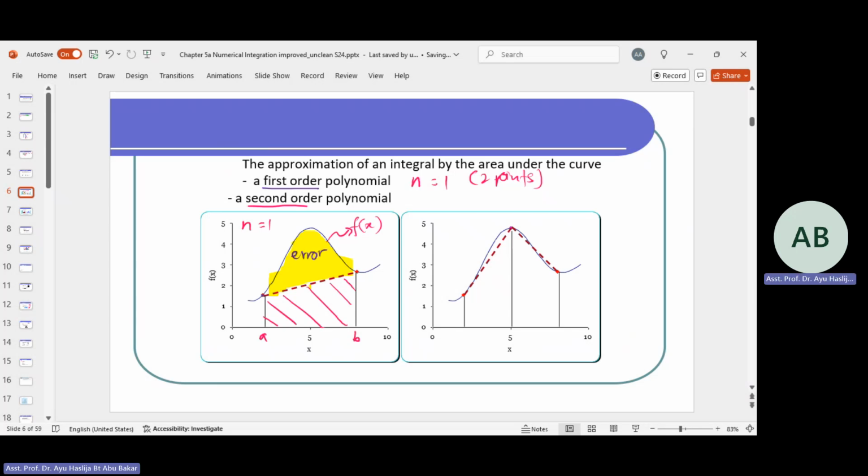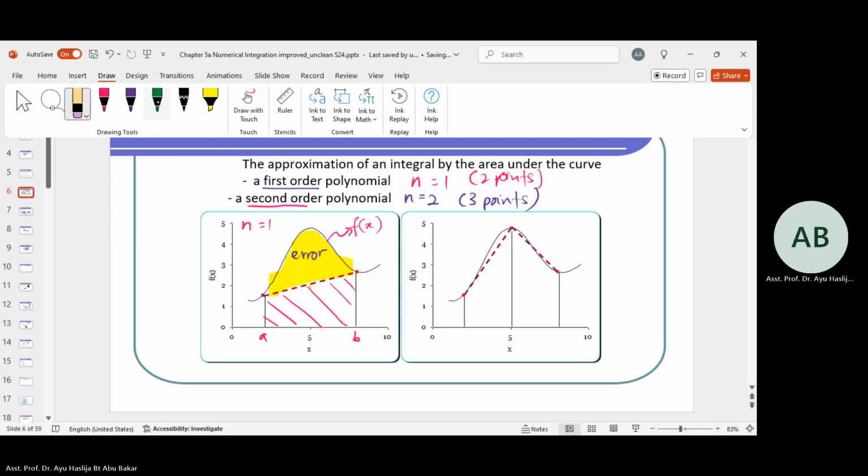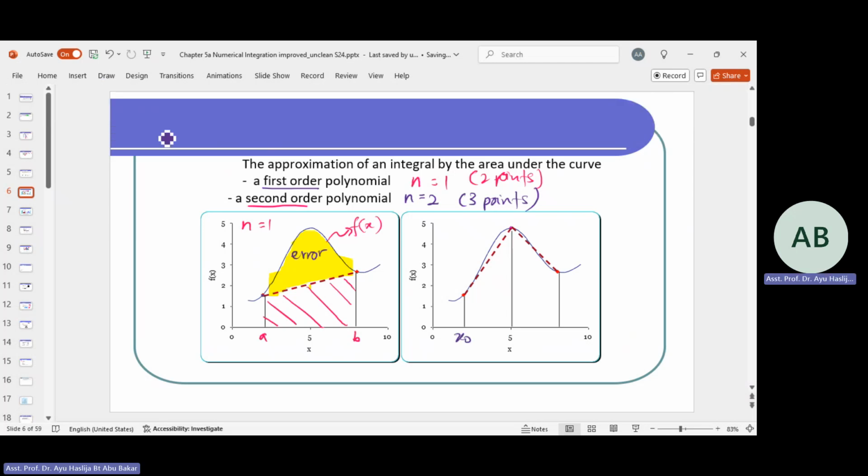Okay, compare if you have n order equals 2. Second order, 3 points. Okay, so now you have 3 points. Wait, I don't want you to get confused. Let's say x0, x1, x2. Okay, 3 points.